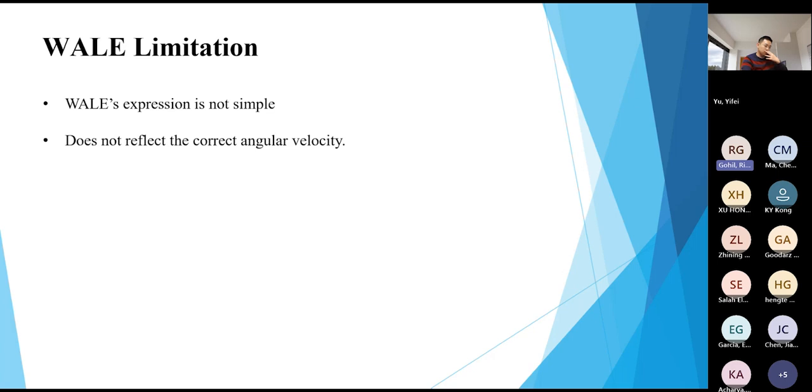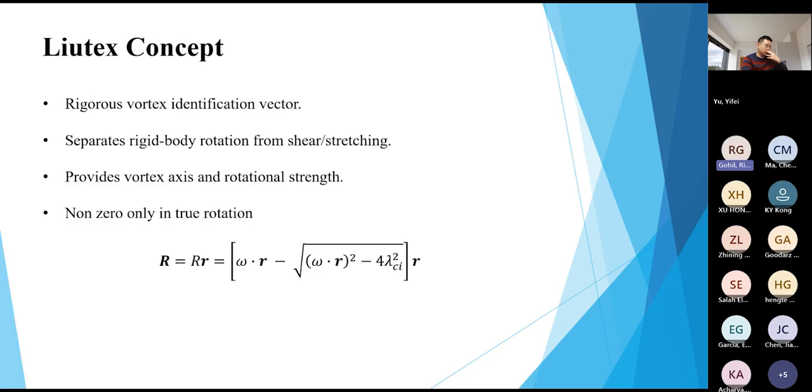To overcome this, we introduce the Liutex theory. Liutex is a mathematically rigorous vortex identification vector. It separates rigid body rotation from shear and stretching. It provides both the vortex axis and rotational strength.